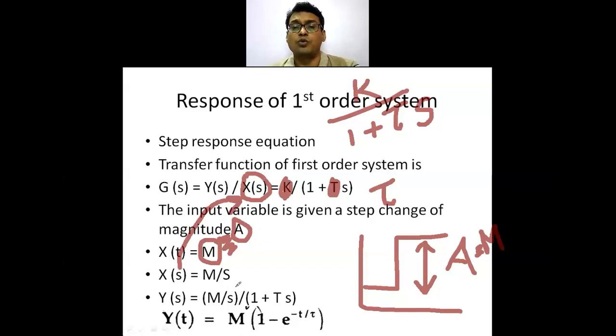So I have to write K upon 1 plus tau s into the X(s) value, that is M upon s. After doing the mathematical manipulations, using the partial fraction method and taking the inverse Laplace transform, you will get y(t) equal to M into K into bracket 1 minus e raised to minus t upon tau.